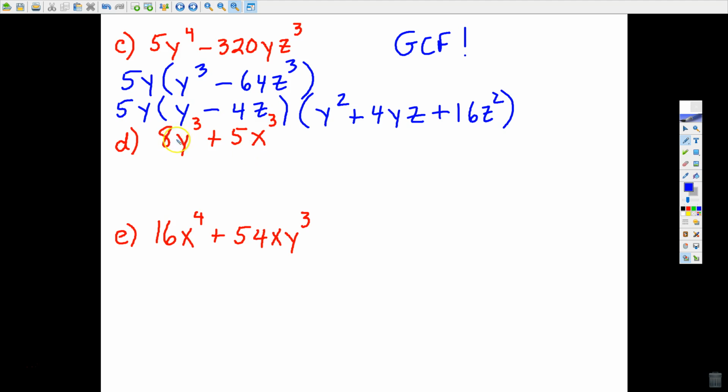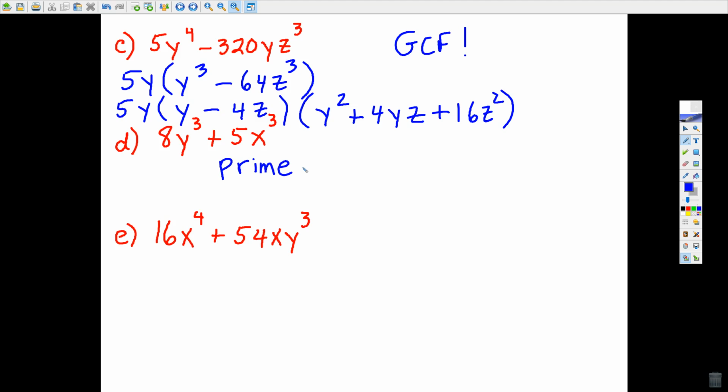So this isn't truly the sum of two cubes because 5 doesn't qualify. So the directions say factor if possible. Well, this is not possible, and it says if it's not possible, then you're going to write the word prime. So letter D cannot be factored. There is no GCF. There is no other factoring possibility. So that is considered to be prime.